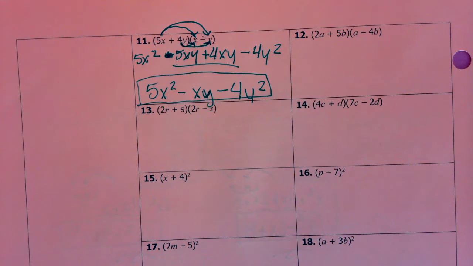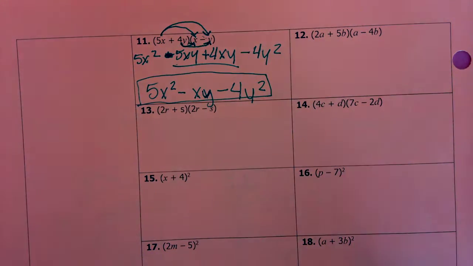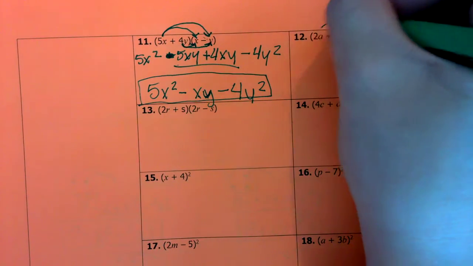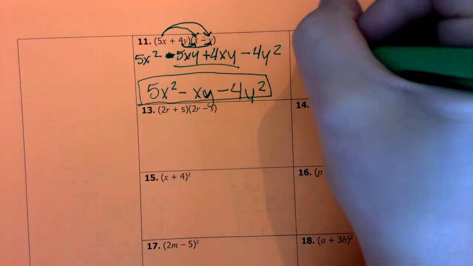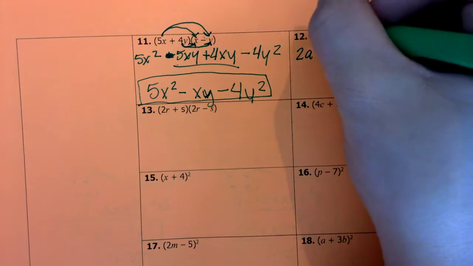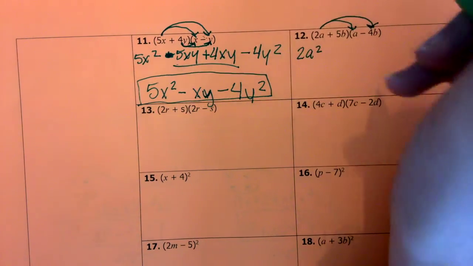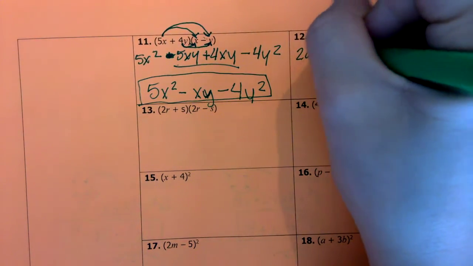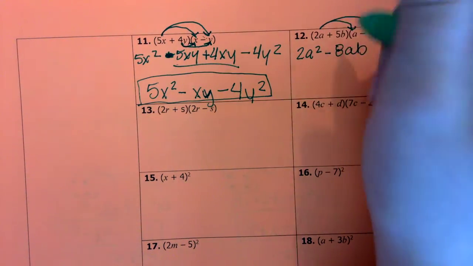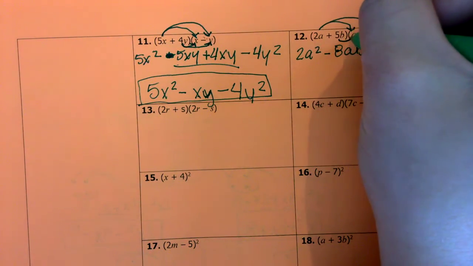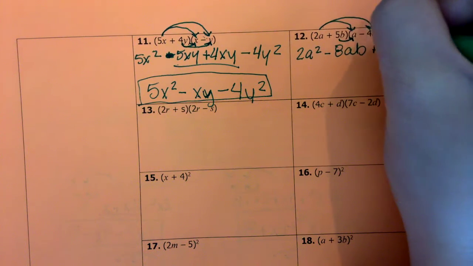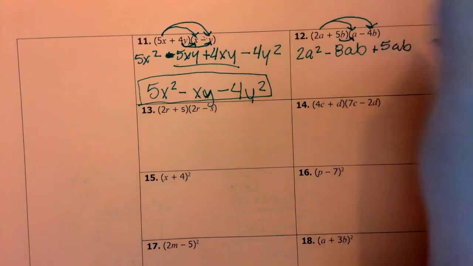Okay? Same thing now with this next one on number 12. 2a times a gets me a 2a squared. 2a times negative 4b gets me a minus 8ab. 5b times a gets me a plus 5ab.